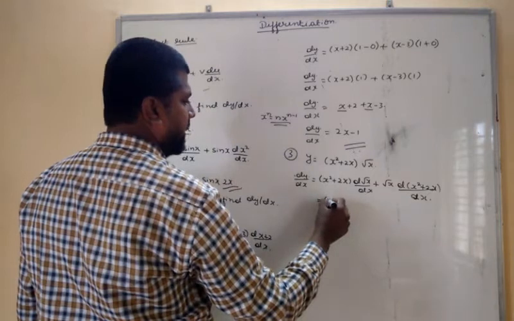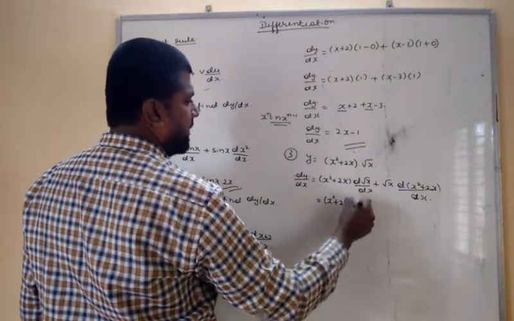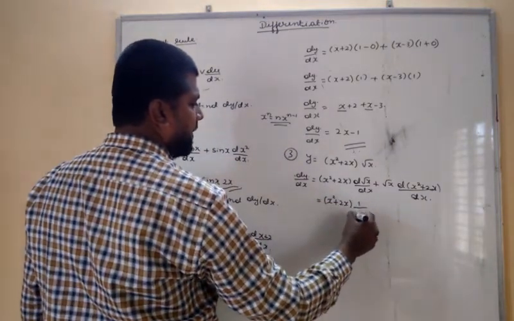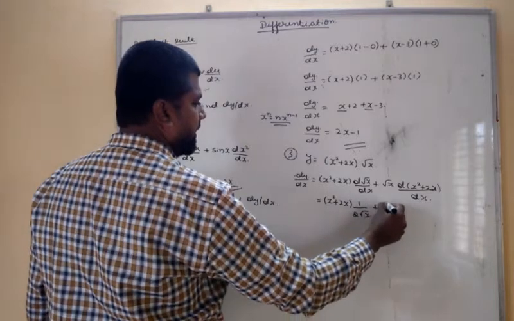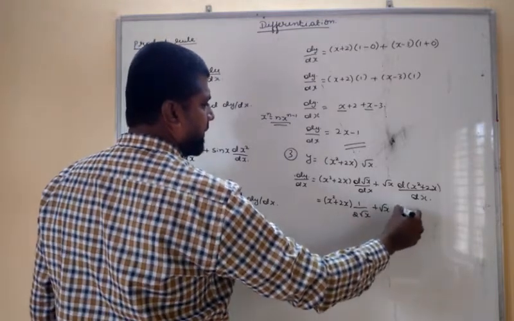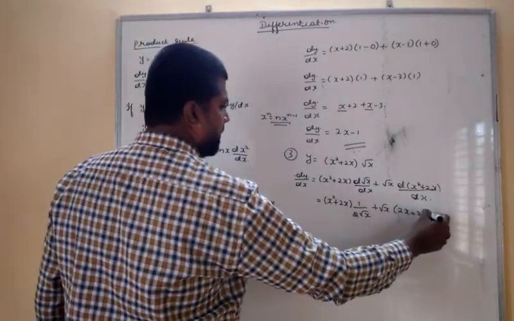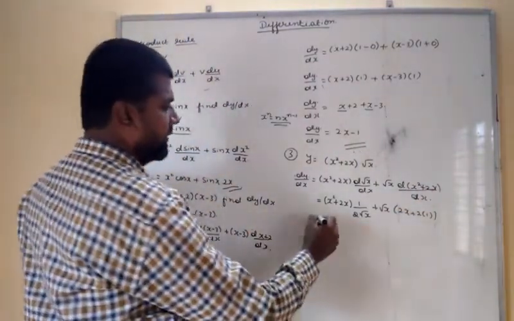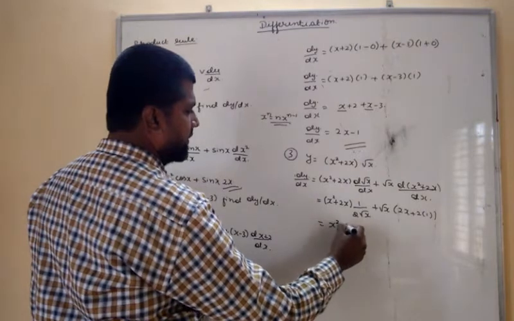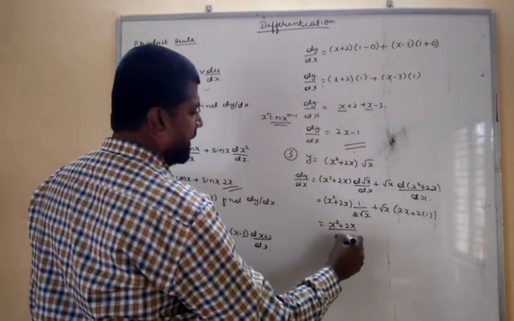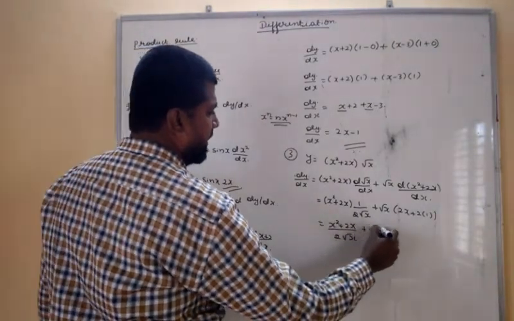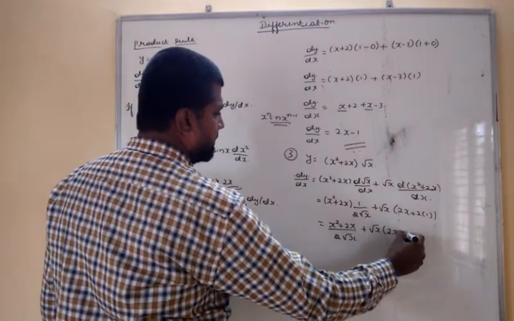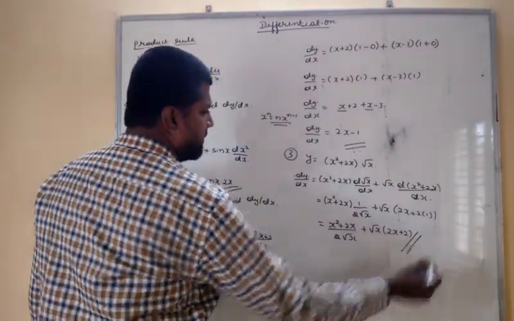So x square plus 2x, then differentiation of root x is 1 by 2 root x, then root x as it is. Here x square differentiation is 2x plus 2 into 1, where 2 is a constant and x is a function. So now you can write: x square plus 2x by 2 root x, plus root x into 2x plus 2. So this is the answer.